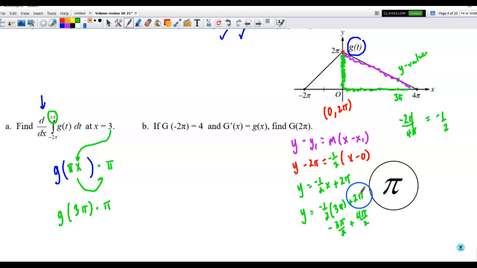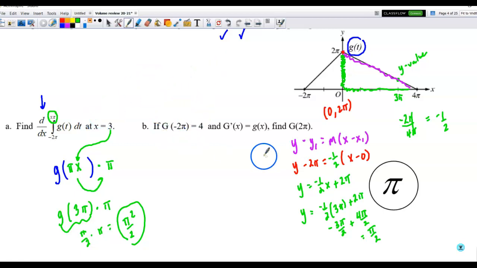I'm just getting a common denominator. 2 pi is 4 pi over 2, which simplifies to be pi over 2. So g of 3 pi is pi over 2 times pi, which is pi squared over 2. So that is the derivative at 3.